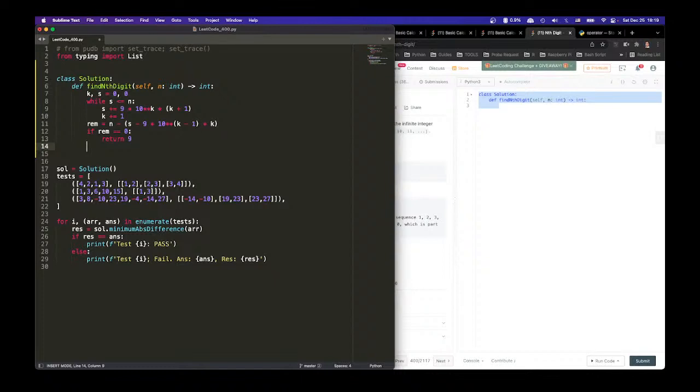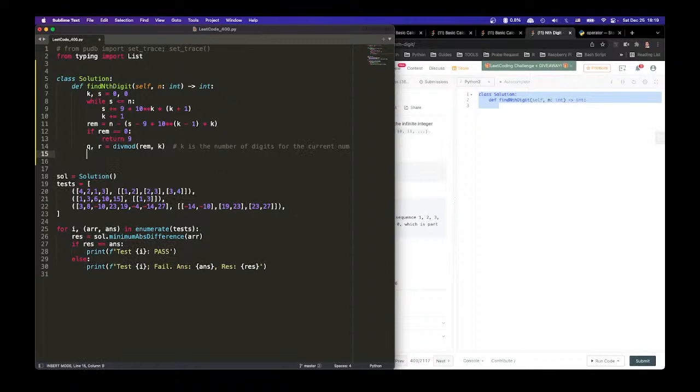So we need to have a quotient and remainder equal to divmod of remainder and k. And we say k is the number of digits for the current number. Okay? So the quotient tells us how many we're going to go forward, right?